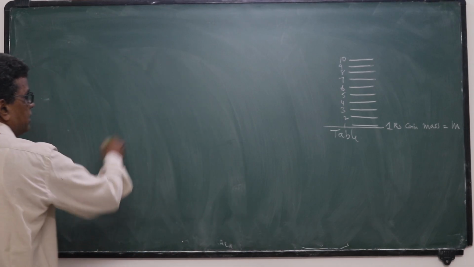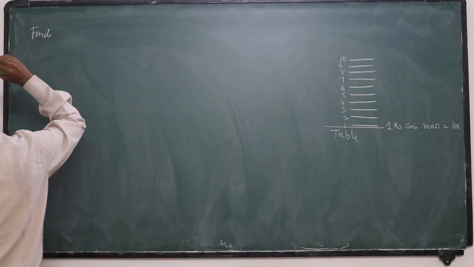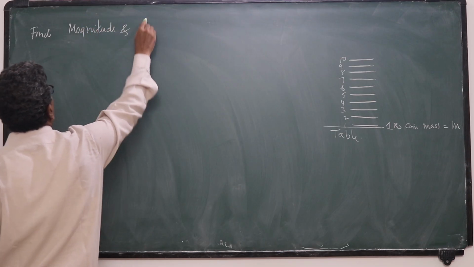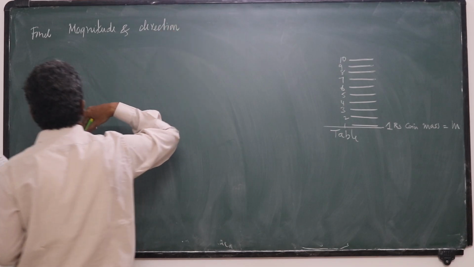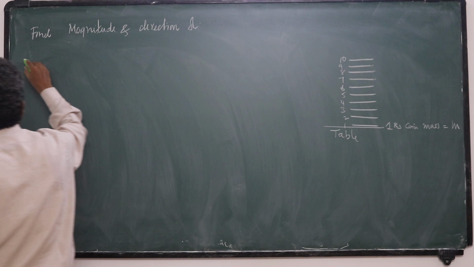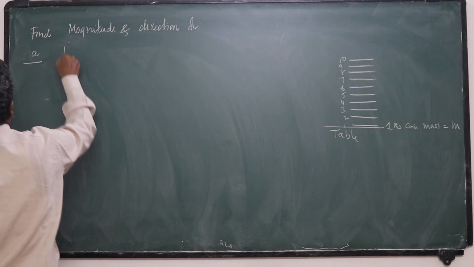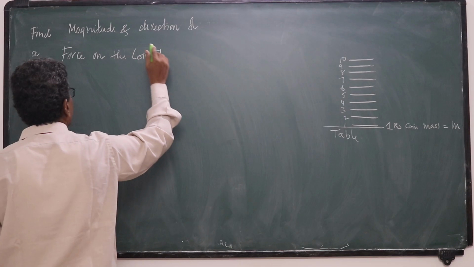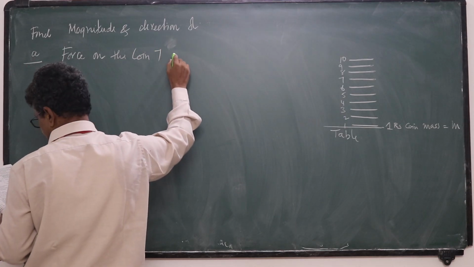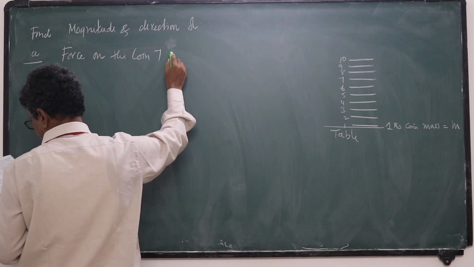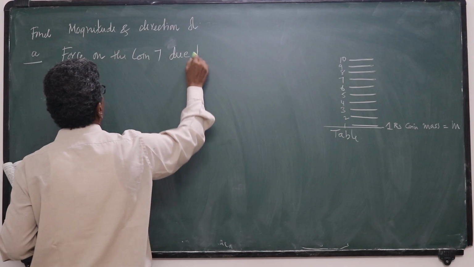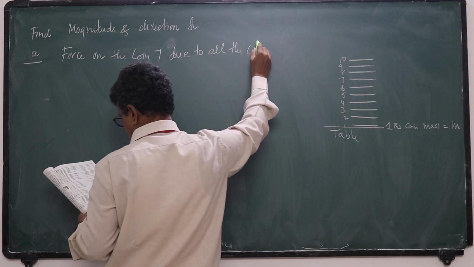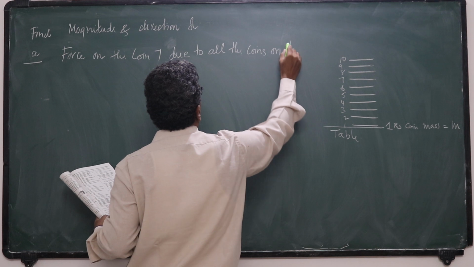Now, in the given diagram, find the magnitude and direction of the following. A: the force on coin 7, counted from the bottom, due to all the coins on its top.